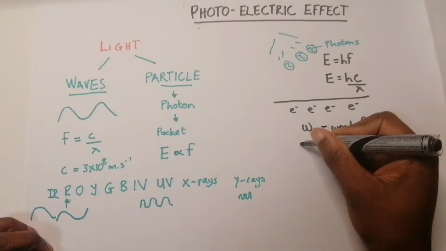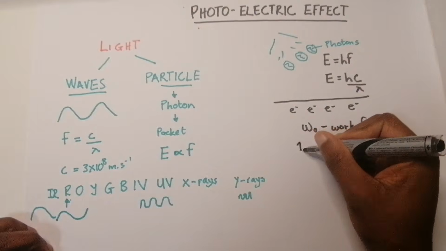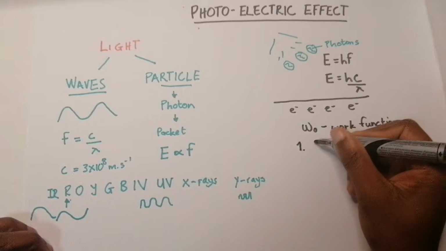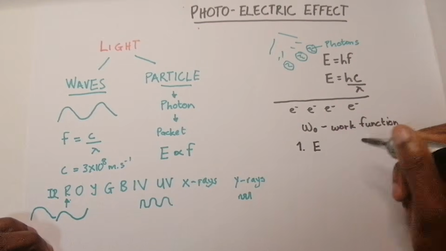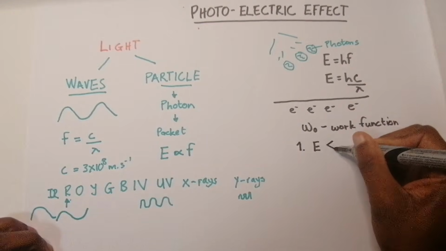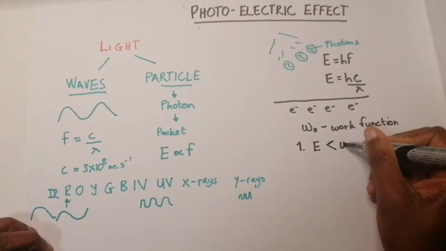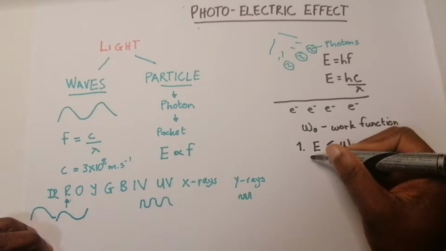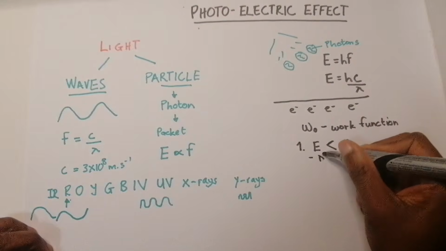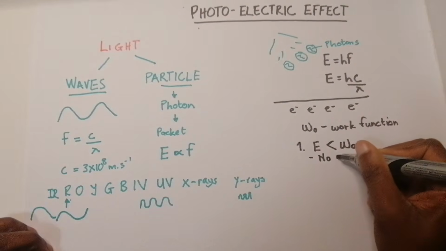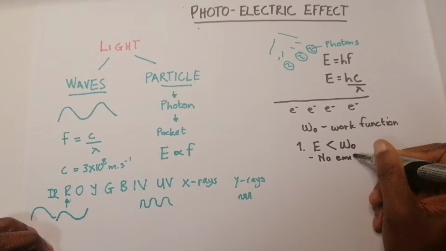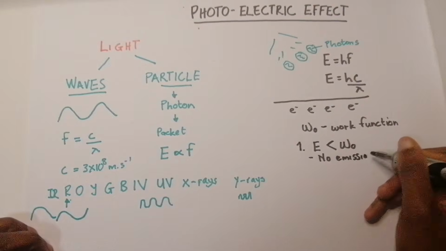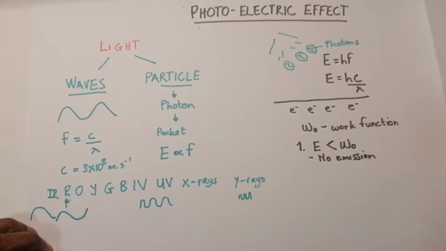Now note, that's going to be our first condition. So condition number 1: if the energy of the photon is less than the work function of the metal, in this particular case, there'll be no emission of electrons. Electrons will not move in any way, so there's no emission that takes place.